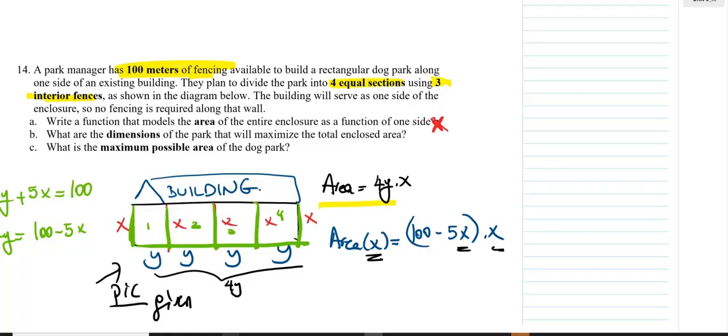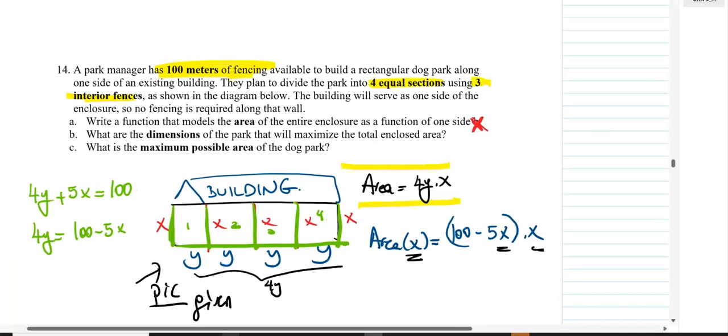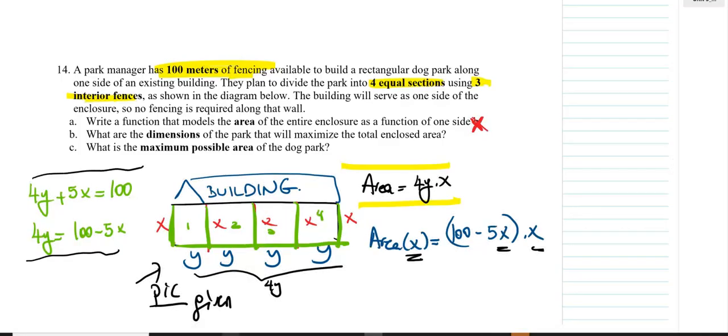Writing this is only going to give you minimal points, because we want you to establish, can you see the relationship between those two variables, and write one variable in terms of the other. The rest after this part is comparatively easier, right? So then area of x will be equal to 100x minus 5x squared, or negative 5x squared plus 100x.